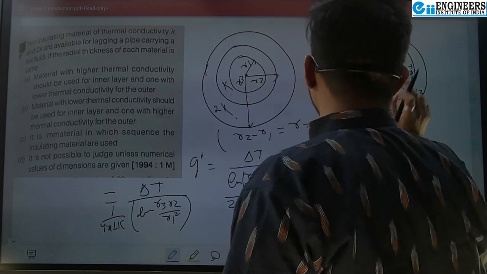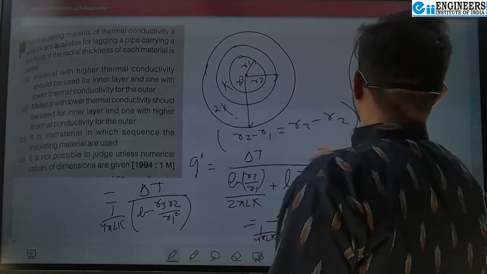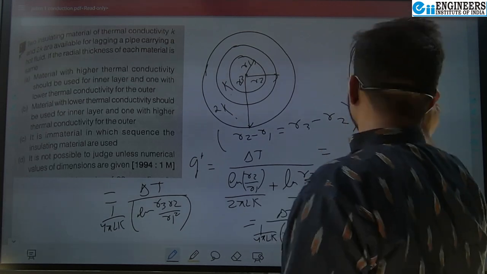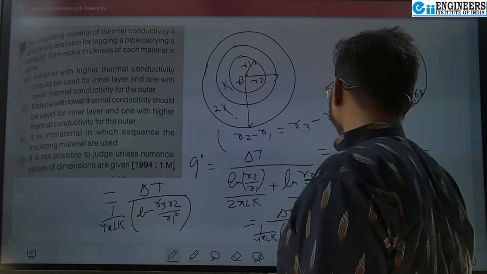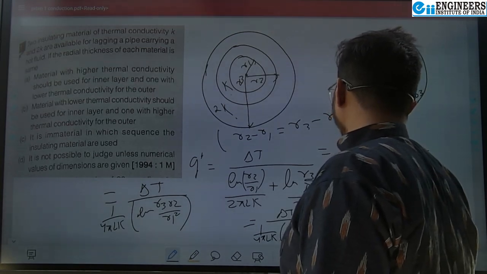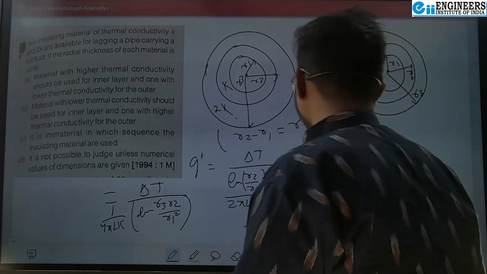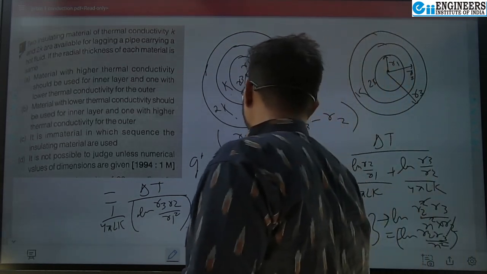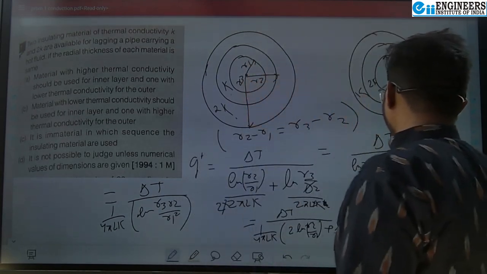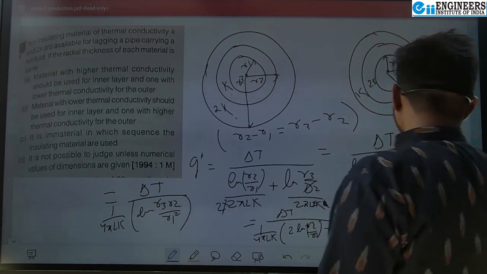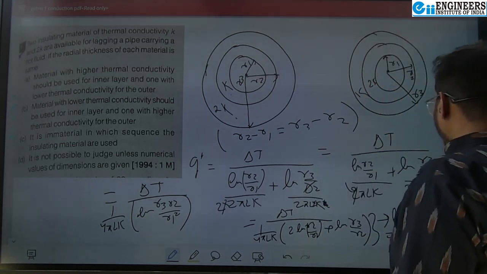Then let's calculate for this part, that is for R1 to R2 it is 2K and here it is normal K. So here let's multiply by 2 and delete the factor here. Then it will be ln R2 by R1 by 4 pi Lk and ln R3 by R2 by 2 pi Lk.